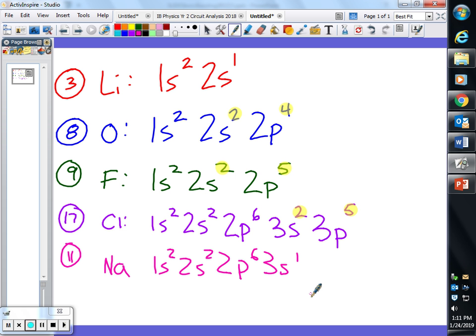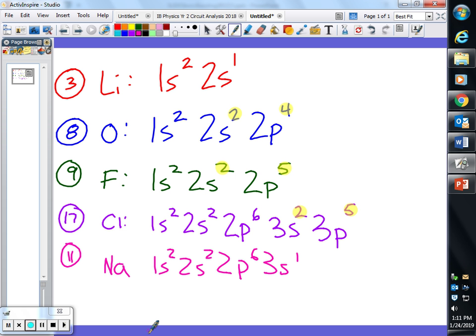How many valence electrons are atoms looking for? 8. Here, right now, the highest level that sodium has an electron in is the 3rd level. But there's only 1 electron in that level. So one option that sodium has is to pick up 7 more electrons to fill the 3rd level.